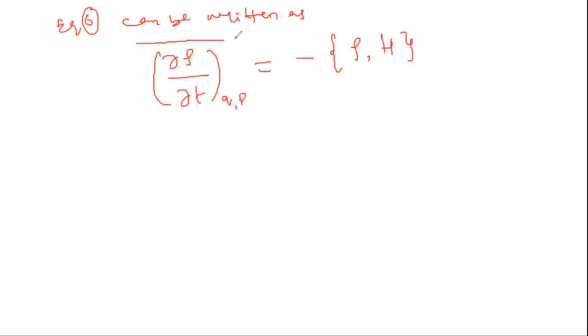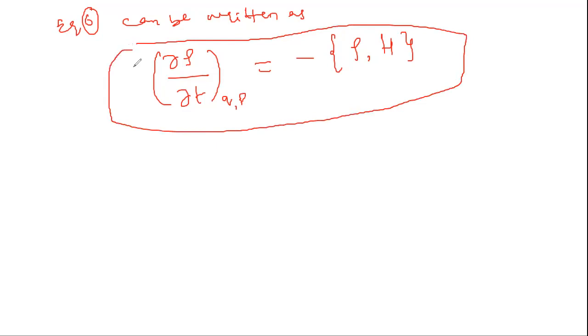Let me name this equation 7. This subscript qp means the point is fixed. So this is also how we express Liouville's theorem. I think I should stop here. There is another way we can express Liouville's theorem, but that we will discuss in the next lecture.